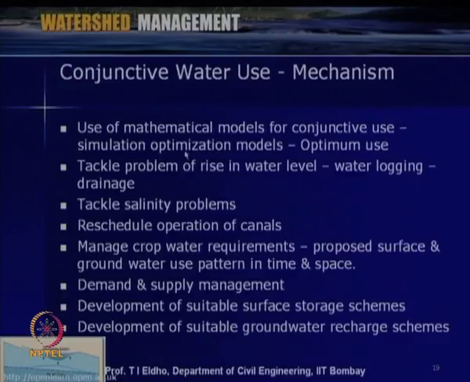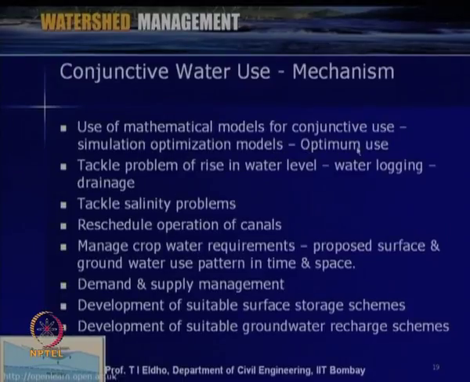Then we can go for optimization, so that we can meet the demand and supply and there will be optimum use. Then we can tackle the problem of rise in water level, so that the water logging problem can be reduced. This will be through use of groundwater or development of appropriate drainage plans.